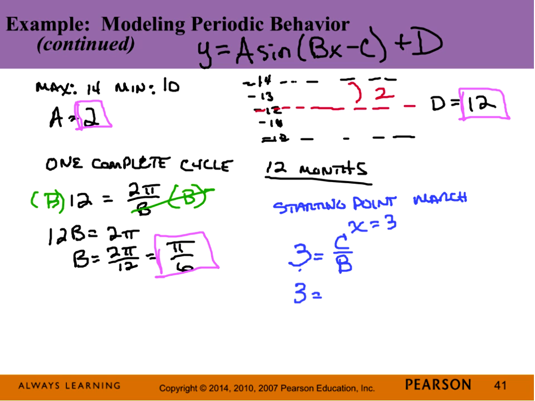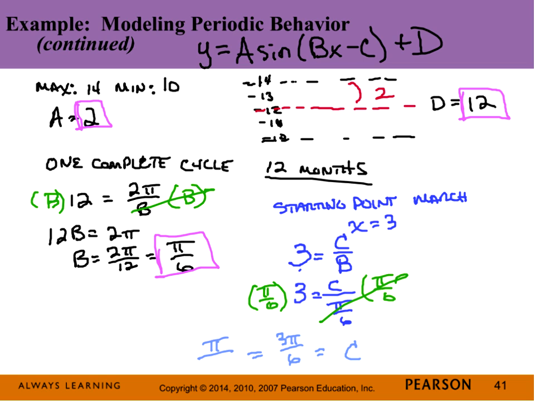We know what our B value is, and that's pi over 6. If I multiply both sides here by pi over 6, I get that our C value is equal to 3 pi over 6, which is the same thing as pi over 2.